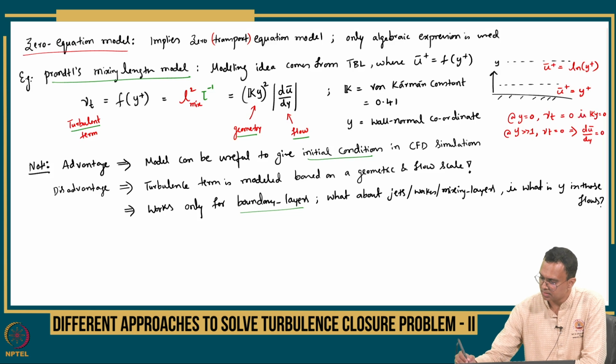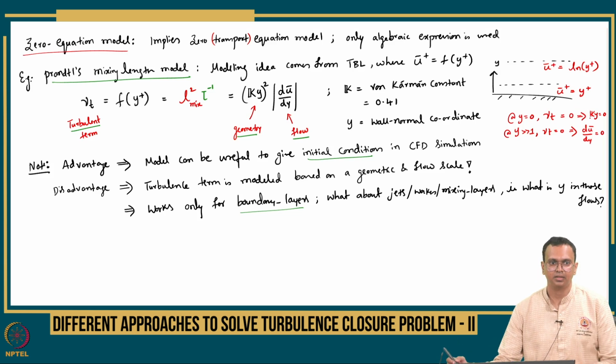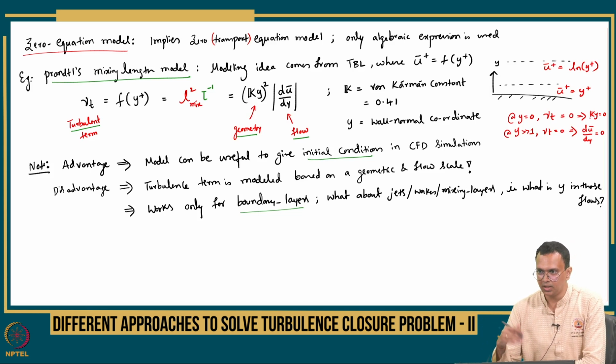So the model is intact. They have thought about this. The model falls back to physical values on the wall and far away from the wall. Okay. The only problem is it works for a boundary layer only. So now we don't discuss the one equation model now. We'll come back to that. I'll go to the two equation model. It's much easier to construct a one equation model if you have already constructed a two equation model.